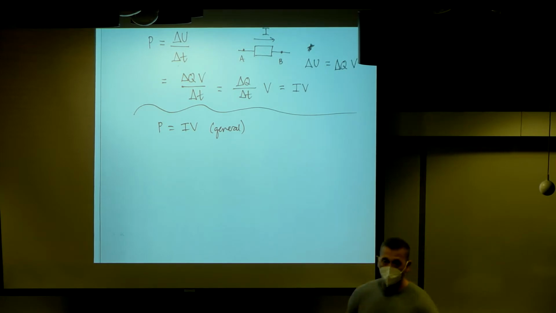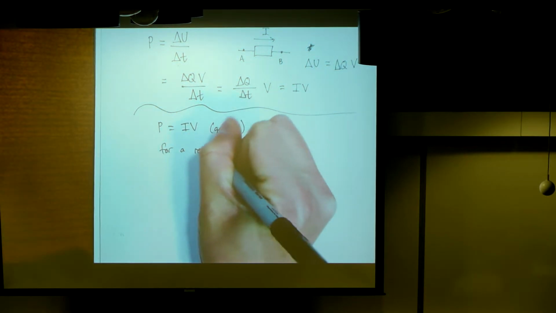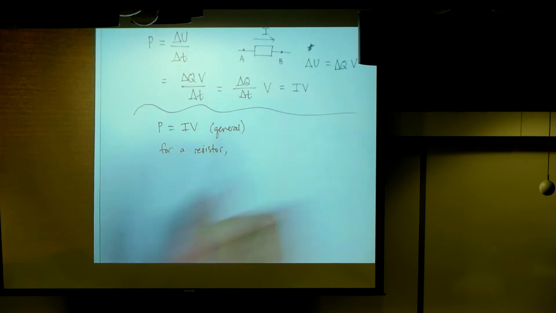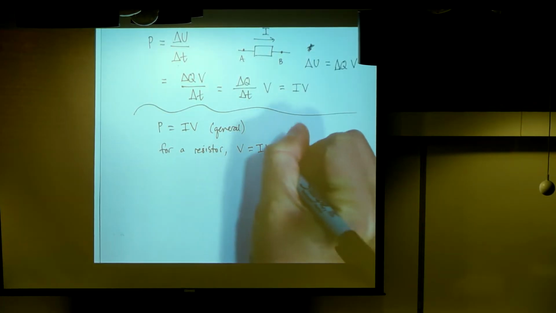And then let's see specifically what happens when we think of our device as being a resistor. Remember, an ideal resistor follows Ohm's law, which says that V equals IR.